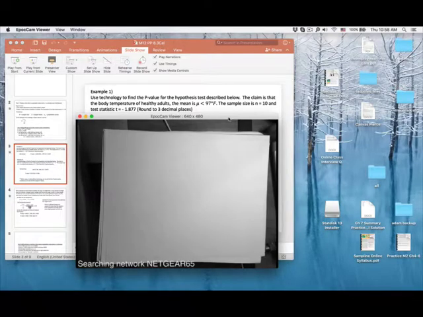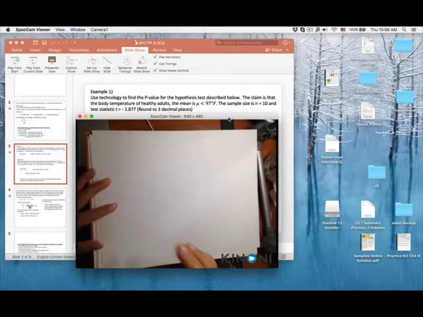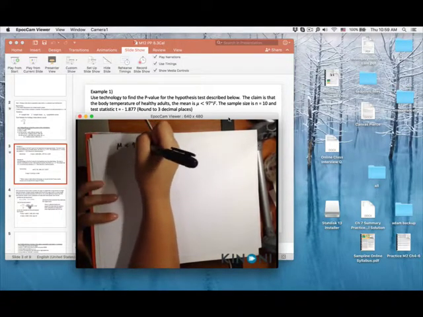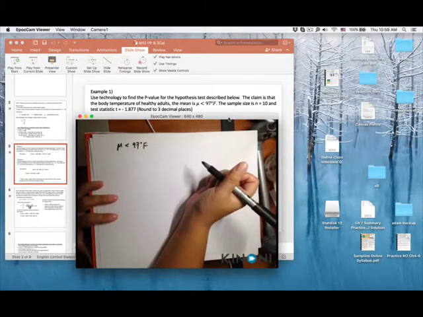So we have the original claim statement: mean less than 97 Fahrenheit.